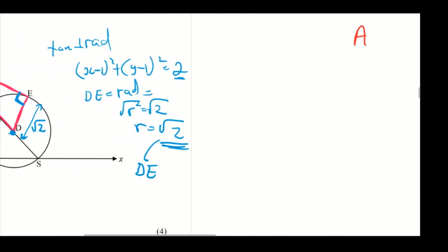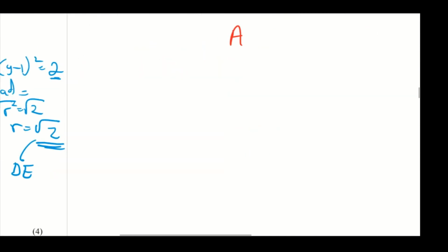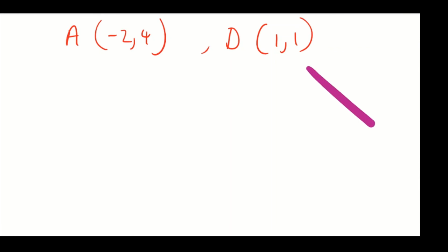So we know the coordinates of A, if we take a look, it's minus 2 and 4. So the coordinates of A is minus 2 and 4, and the coordinates of D it's 1 and 1, right?